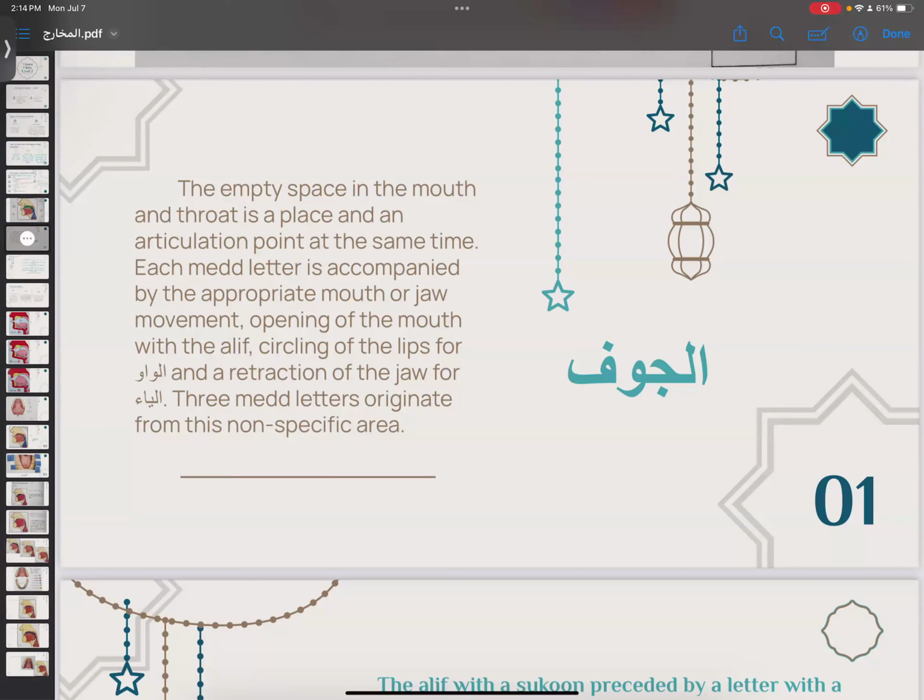When you do ya, you push your jaw backwards, kind of, right? Say the letter ya out loud, you go ya. Your jaw moves back. So the 3 med letters originate from this non-specific area. So alif, waw, and ya come from al-jawf.